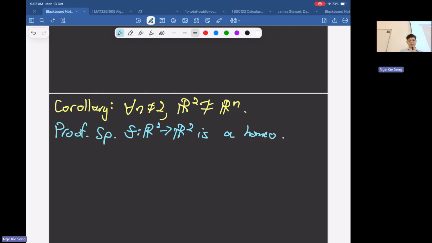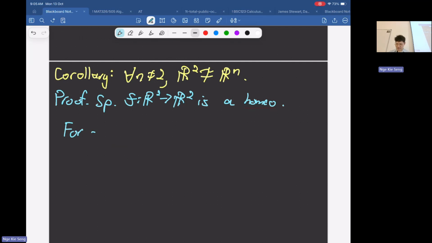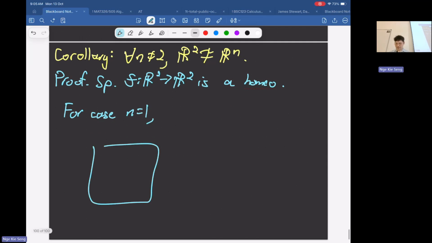So for the case of n equals 1, what happens? On one side you have R2, and on the other side you have R. Let's say I remove one point here, the origin.